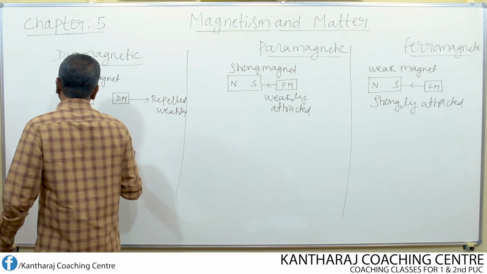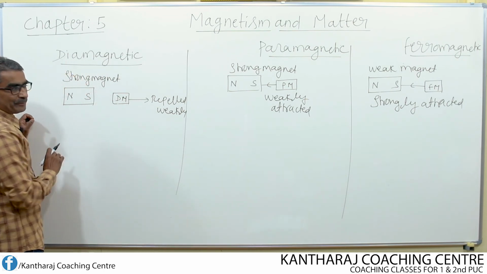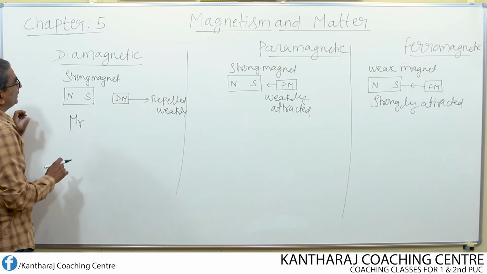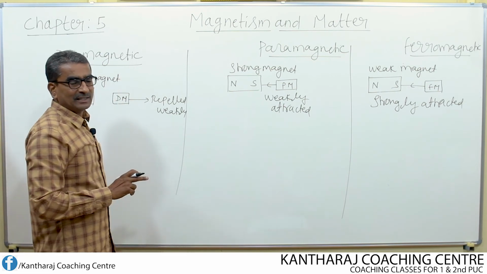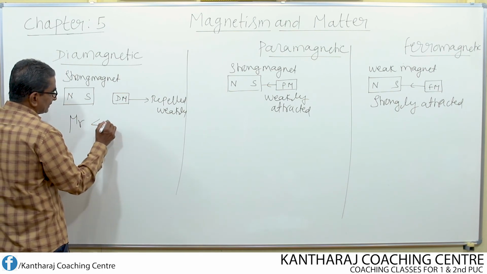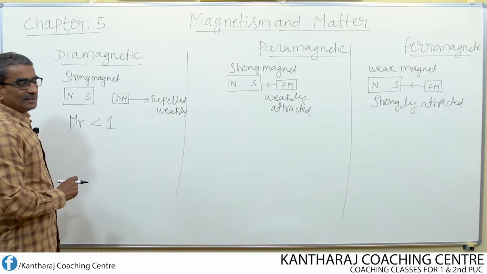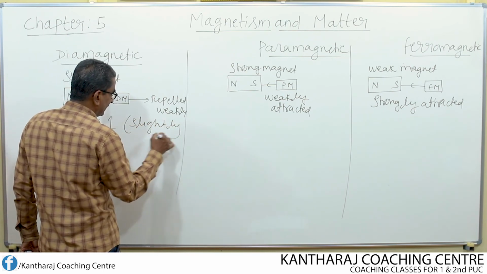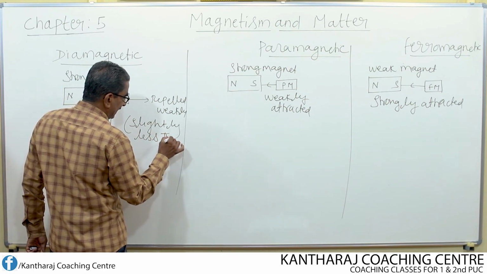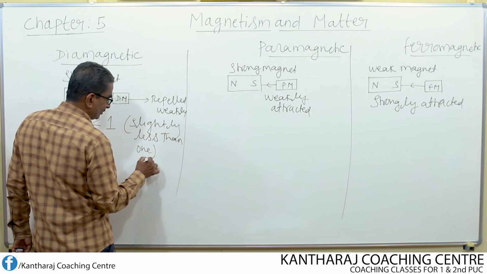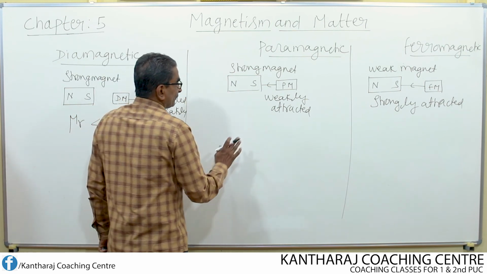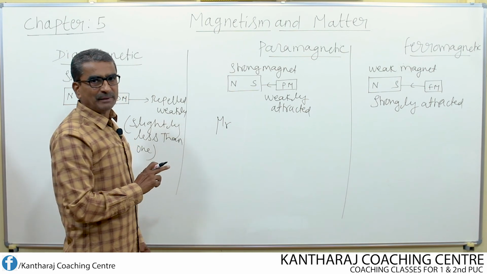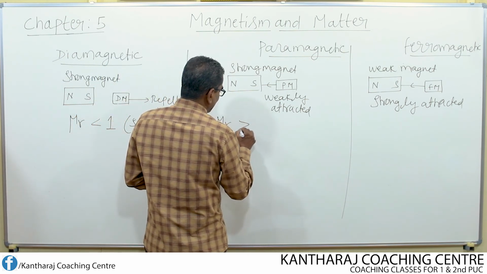Then coming to the relative permeability. Relative permeability for diamagnetic material is less than 1. Okay, slightly less than 1. Suppose if I consider paramagnetic material, then the relative permeability of any paramagnetic material is found to be greater than 1.